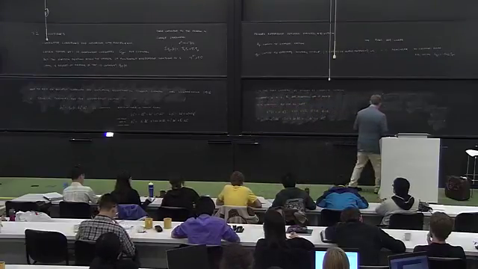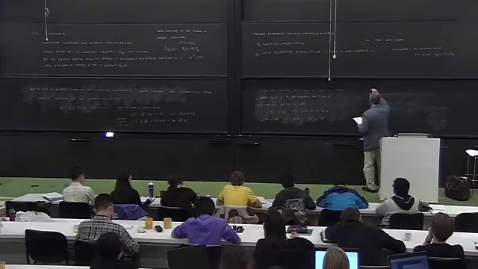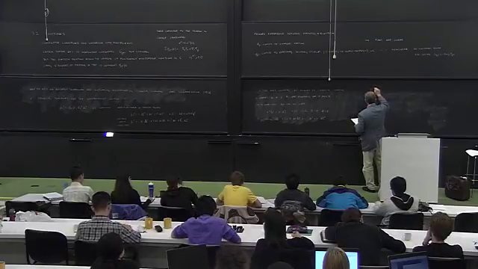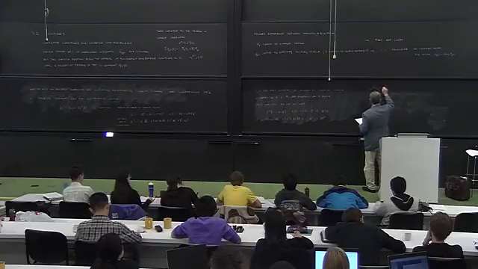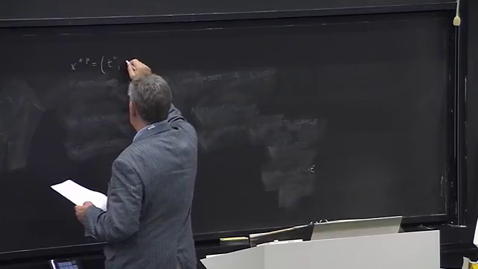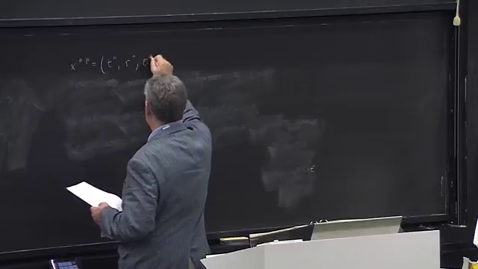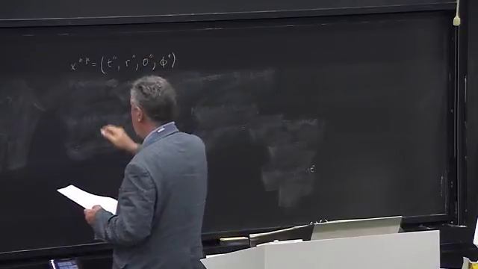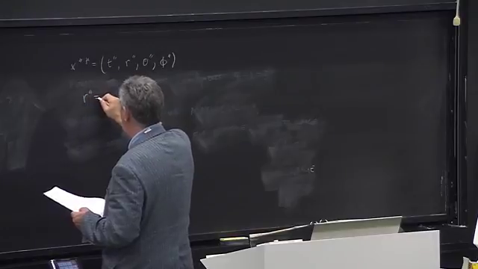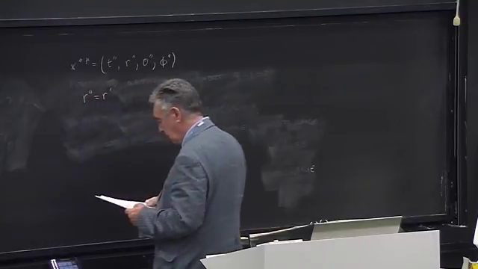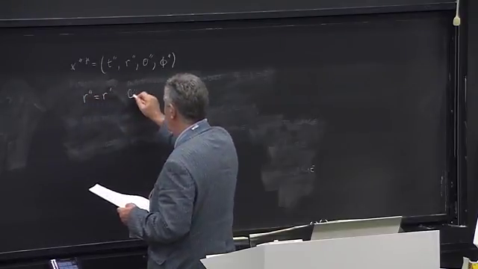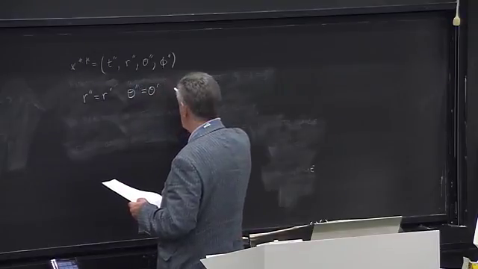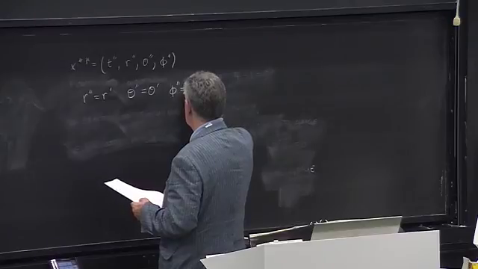Let's do it once again. Define x double prime mu to be t double prime, r double prime, theta double prime, phi double prime, where r double prime is as before, theta double prime is as before, phi double prime is as before.